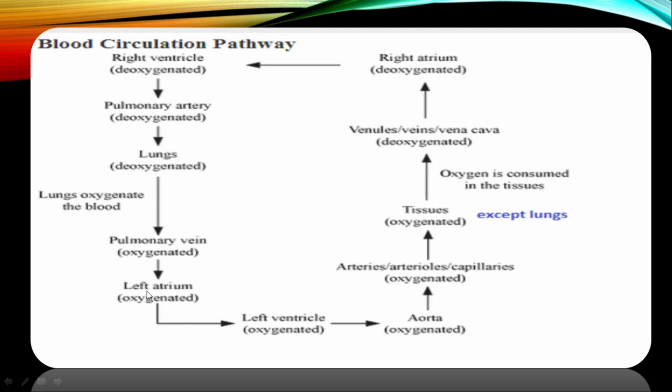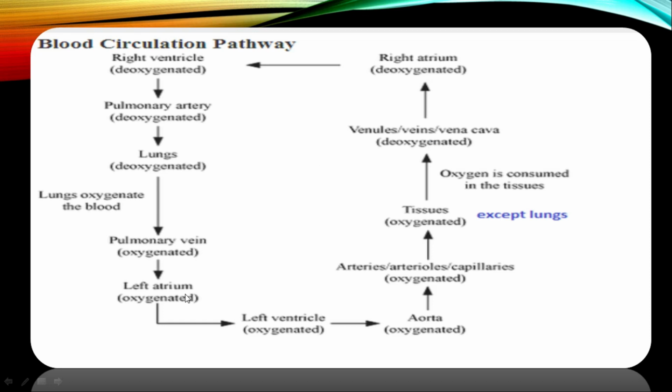Now in the second part, from the left atrium, it goes to the left ventricle. Here from aorta, again the oxygenated blood is carried by the arteries and given to all the tissues except lungs. The oxygen is consumed over here and the deoxygenated blood is carried by the veins. Now these veins take this deoxygenated blood to the right atrium.